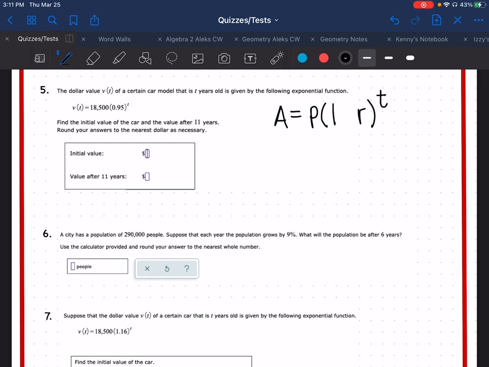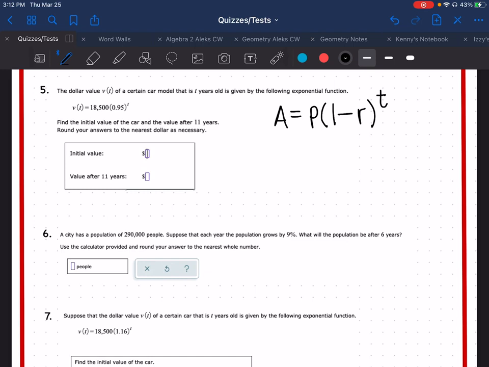Now, I'm leaving out the plus or the minus because I don't know which one this is. Now, I actually do. I can look right here inside the parentheses. If it starts with a 0, then there's a minus here. If it starts with a 1, then there's a plus here. So this is a decay.